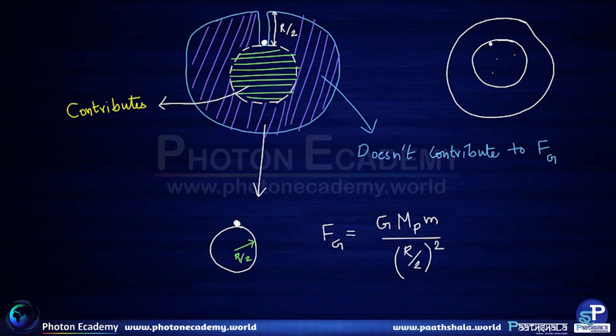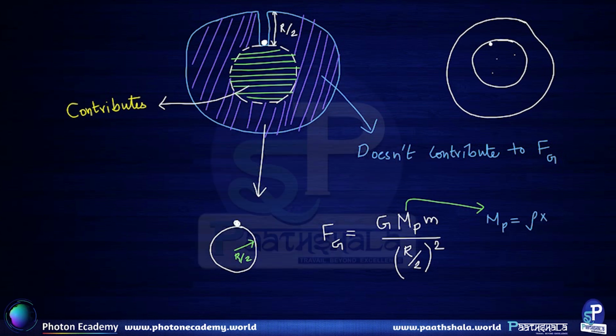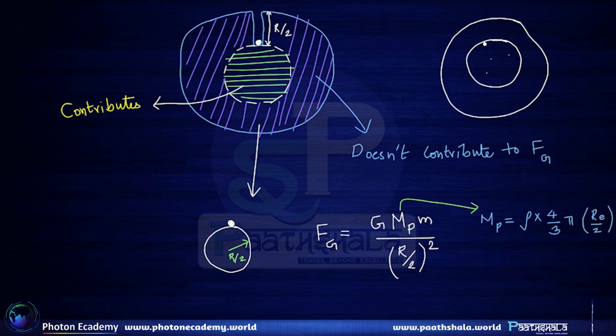As the density is the same as that of Earth, we can also write mp in terms of the density. So this mp could be written as density times the volume, and the volume is 4 by 3 times pi into Re by 2 cubed.